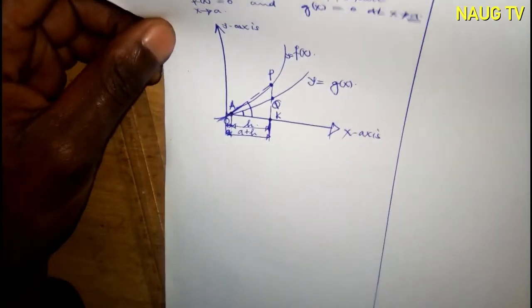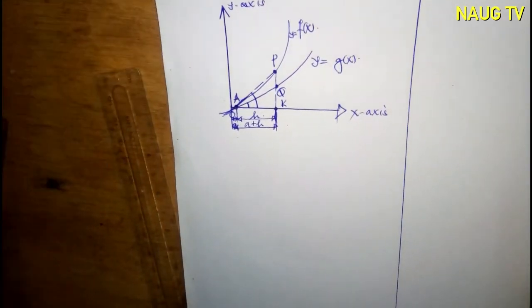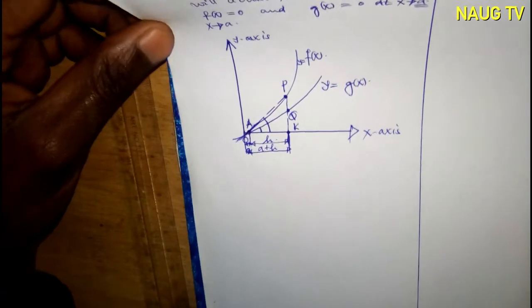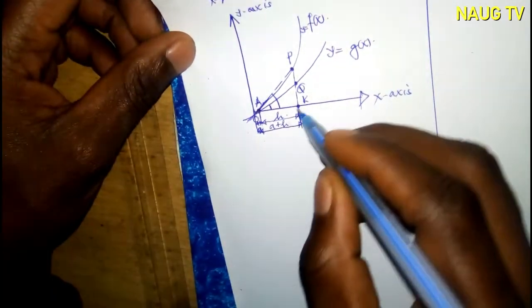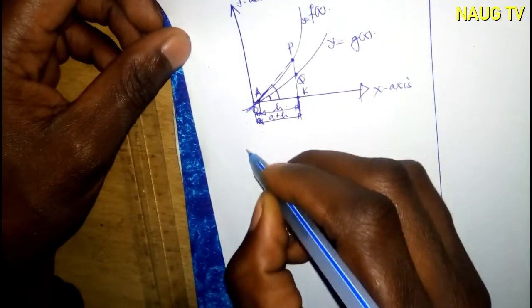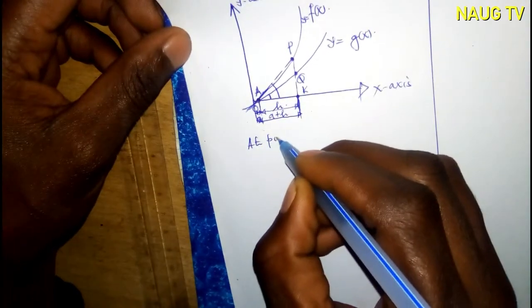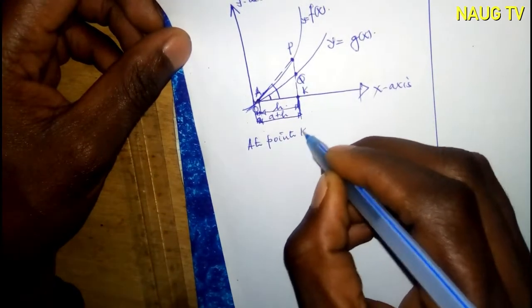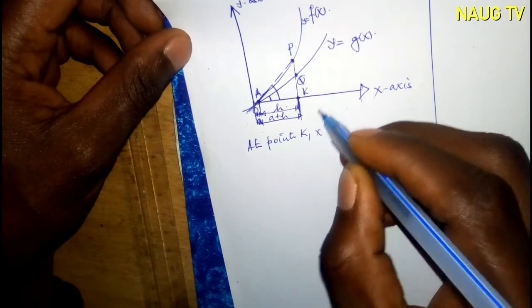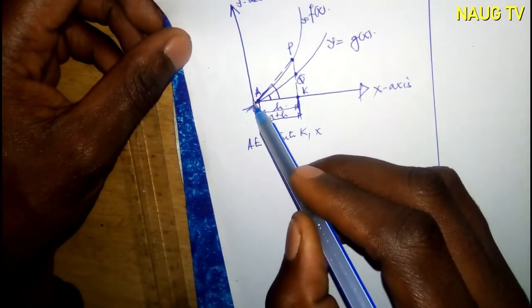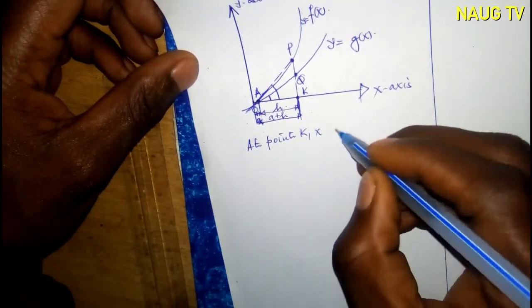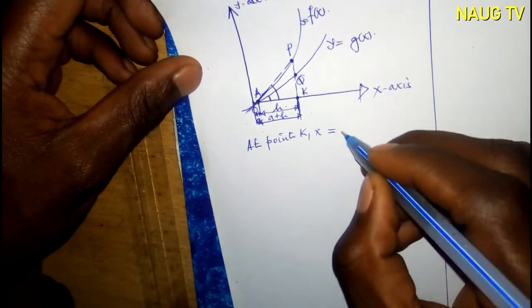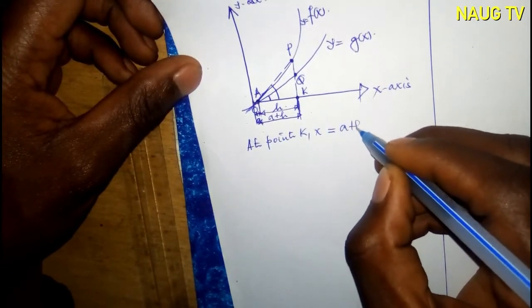As we can see here, at point q, from the origin, x would be equal to a plus h.